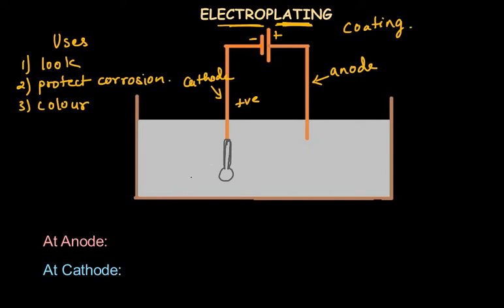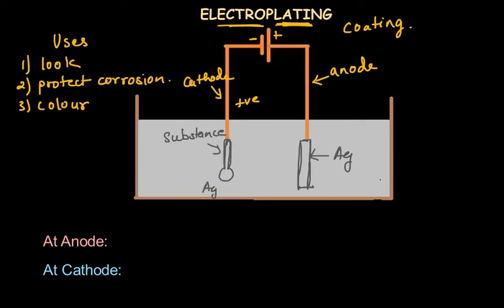And the silver metal has to be made the electrode on the anode terminal, that is the positive terminal of the battery. So this is what we need to take care of.